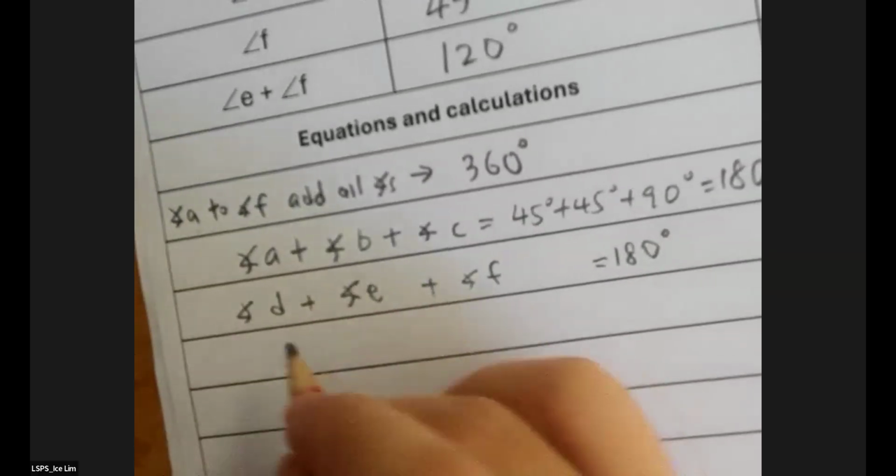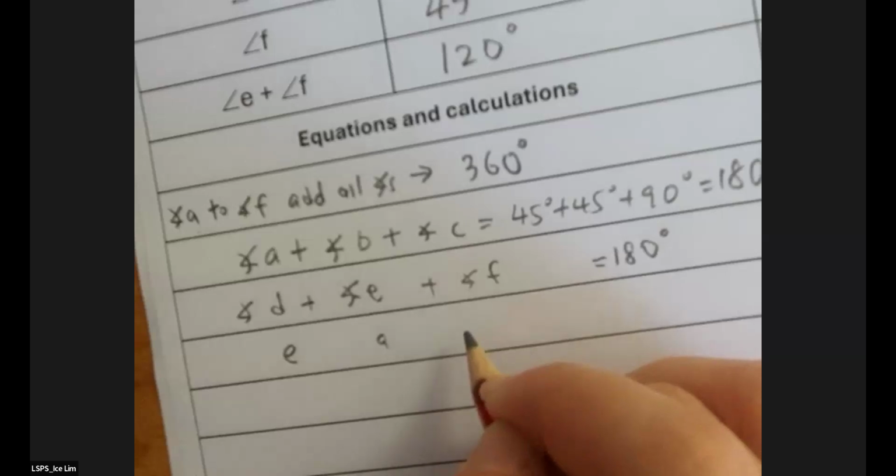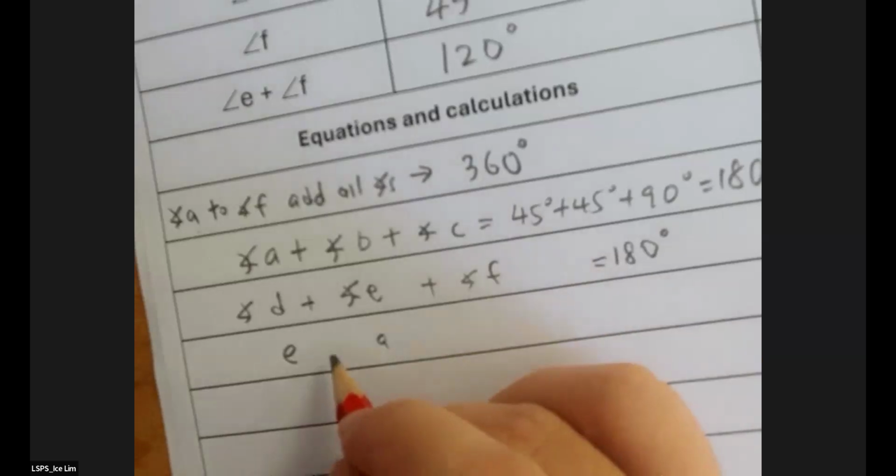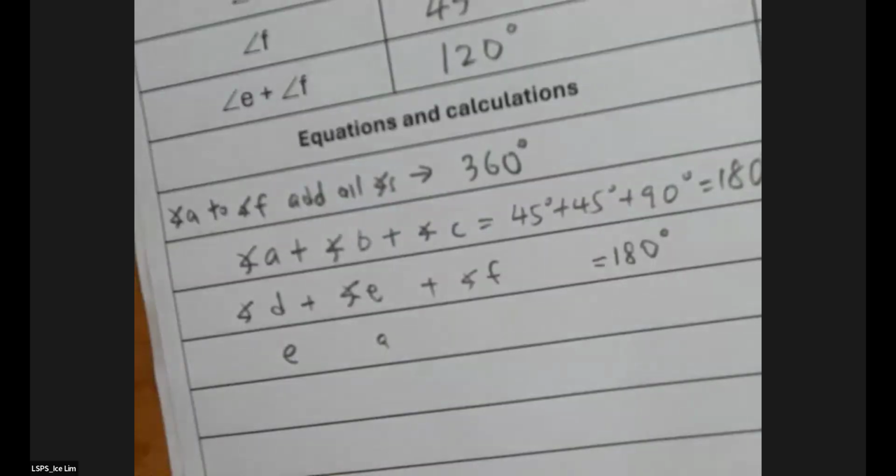Anybody found something else? Sorry? E, A, and D. D for dog. Angle A. Come again.